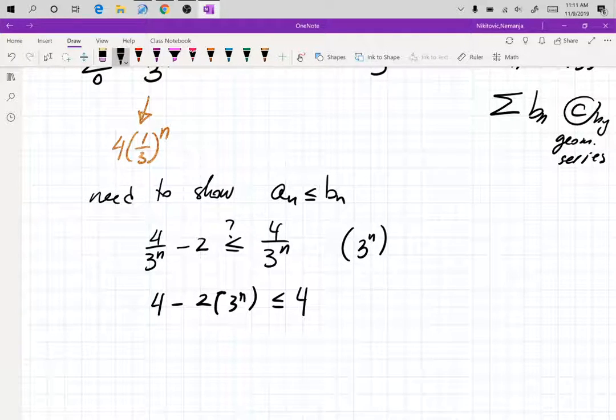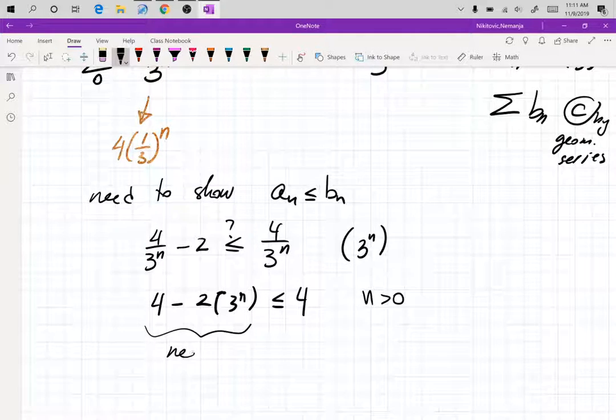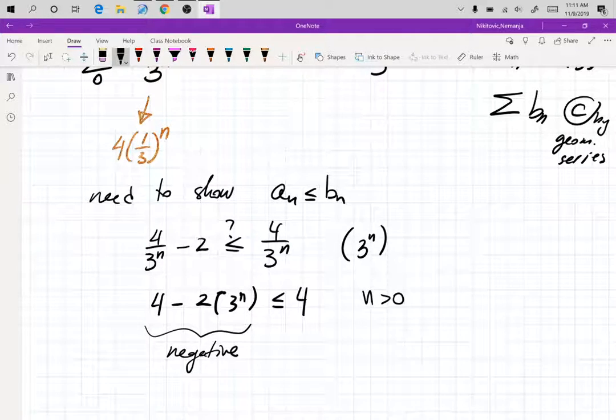We quickly see that this holds for n larger than 0. You can subtract 4 on both sides and so on, but 3 to the n over here would make this negative, and that's definitely less than a positive 4.